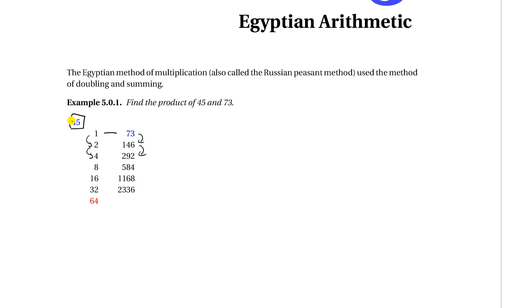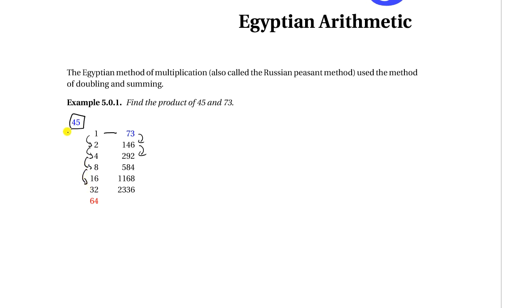Or actually powers of 2, but you can think that way. In the Egyptian time period, they didn't have such a thing, so it's simply just double of the previous number like that.